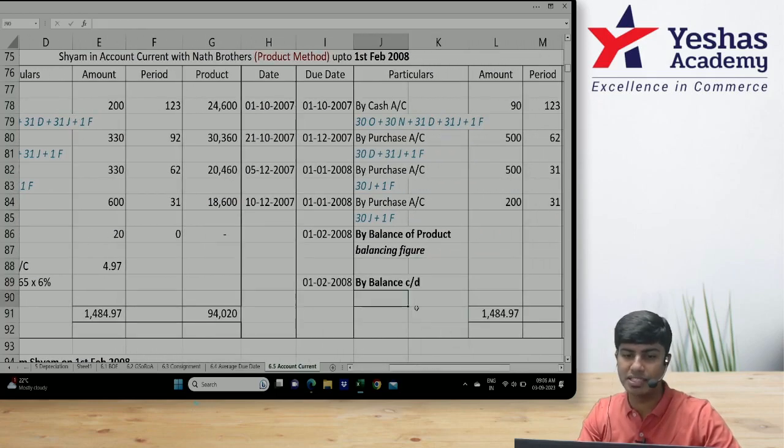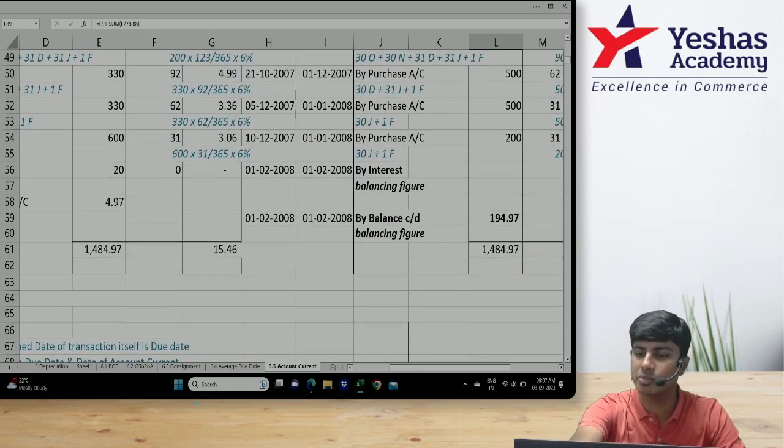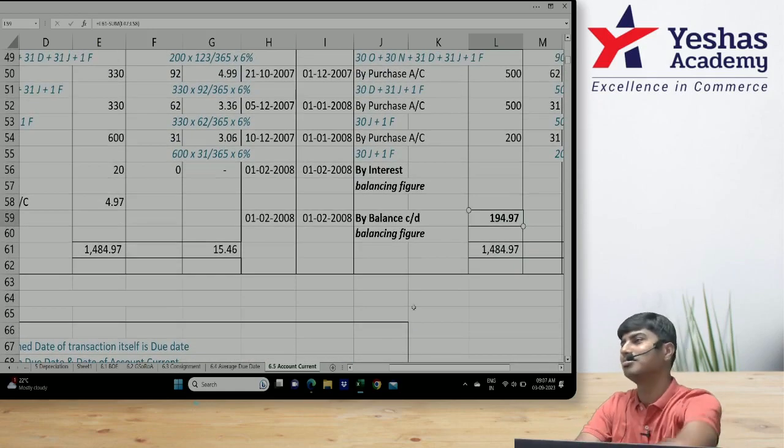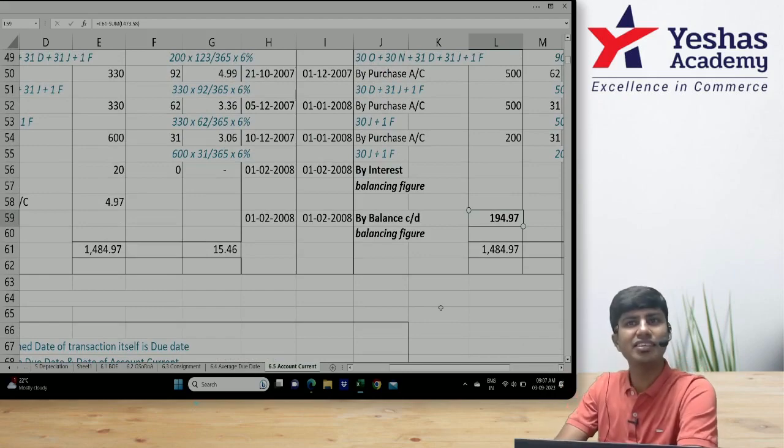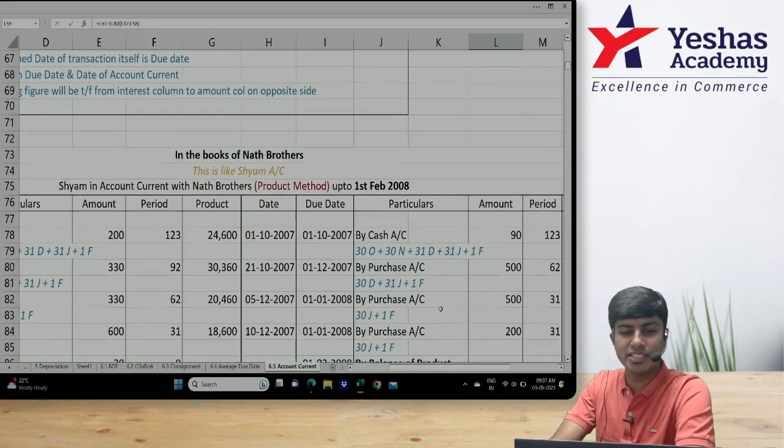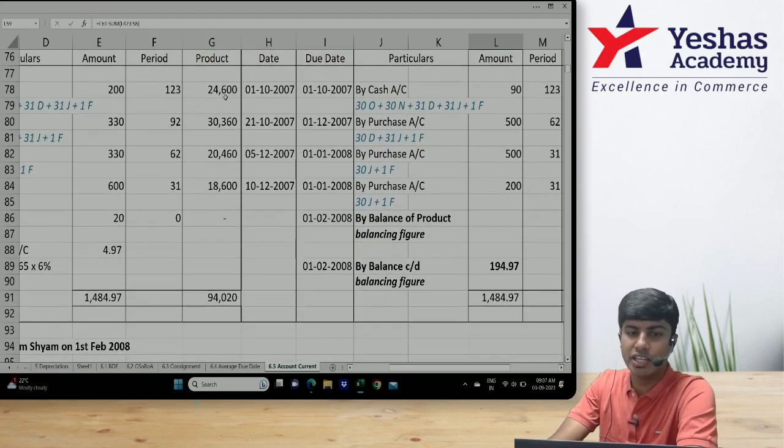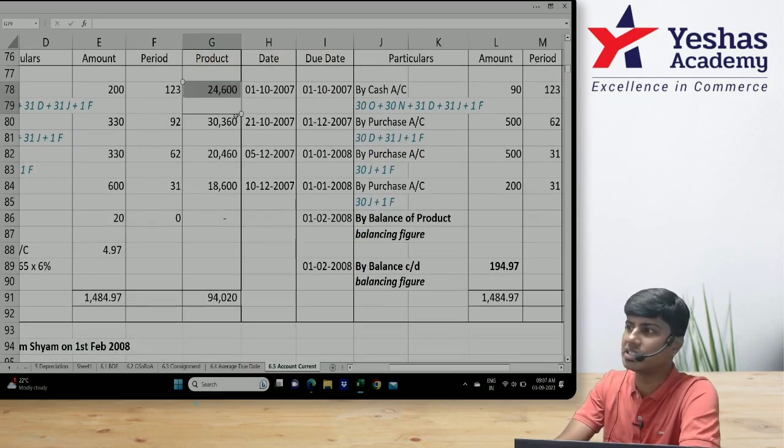Now find the balancing figure, amount carried down. 194.97. What did you get under the first method? Same. Did you understand? The only point here is instead of dividing everything, you do 24,600 divided by 365 into 6%.